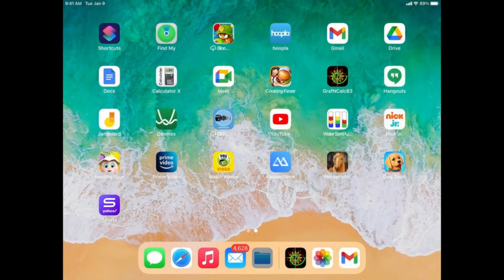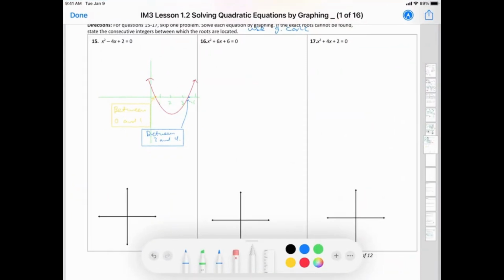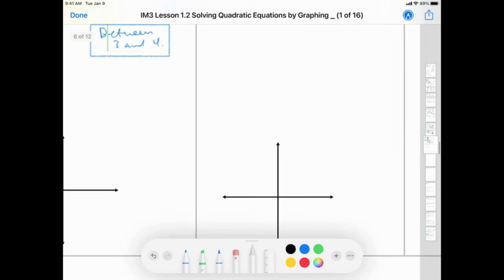Okay, so let's just quickly sketch that graph. -1, -2, -3, -4, -5. So we said one of those was between -2 and -1. And the other one's between -4 and -5.